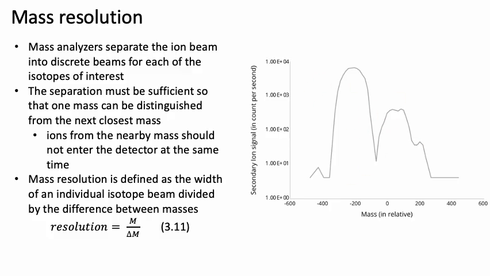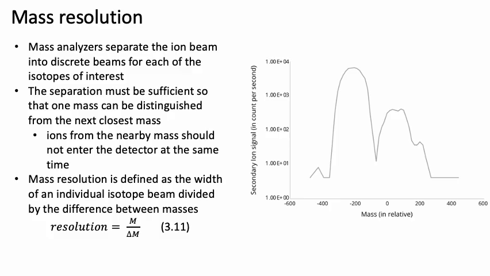Here's one of the images from the earlier example of strontium with this interference of the calcium phosphate. That needs to be separated enough that the calcium phosphate doesn't add to the strontium that you want to measure. Otherwise, you get too much 87. So the ions from the nearby mass should never enter the detector at the same time as the mass you're interested in.